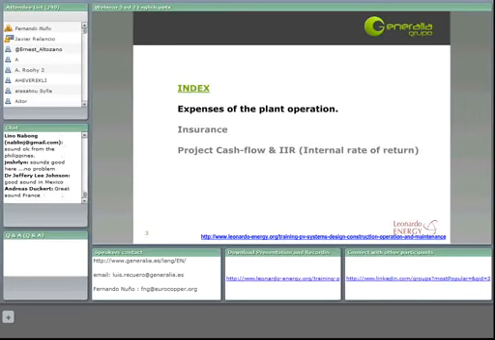So let's start with the first chapter about the expenses of the plant operation.